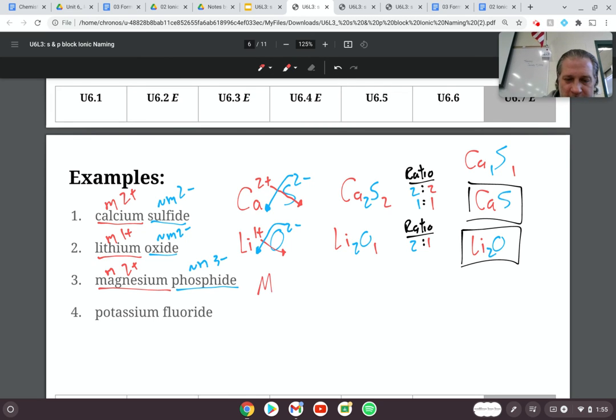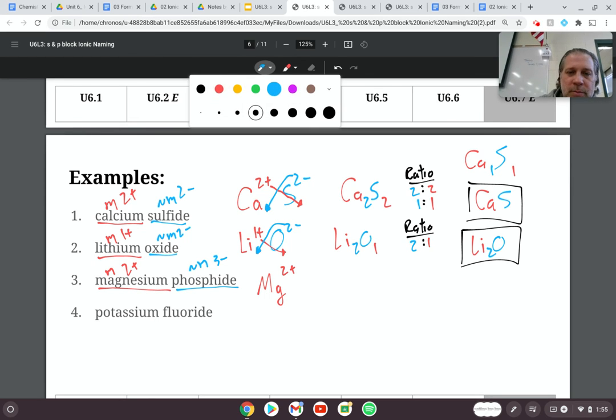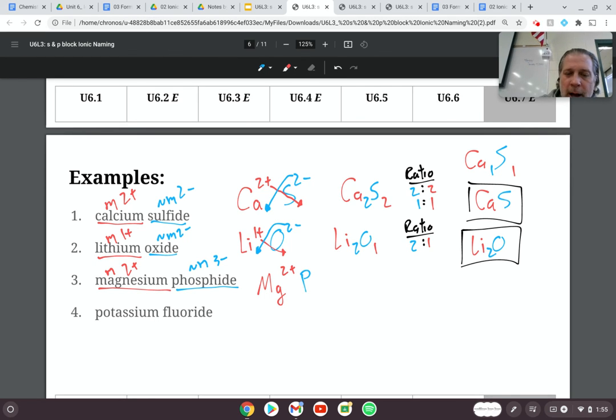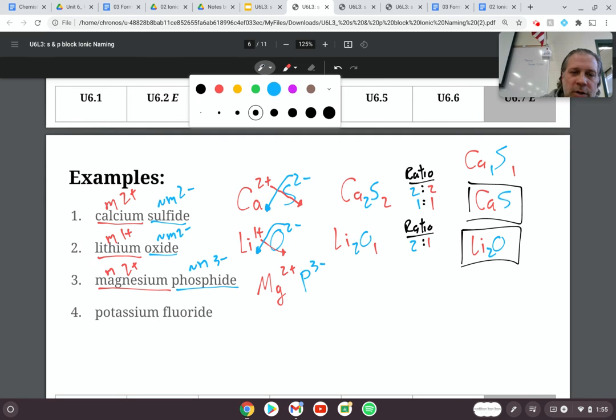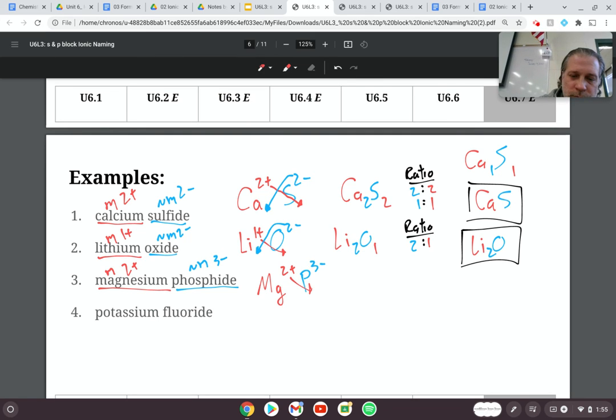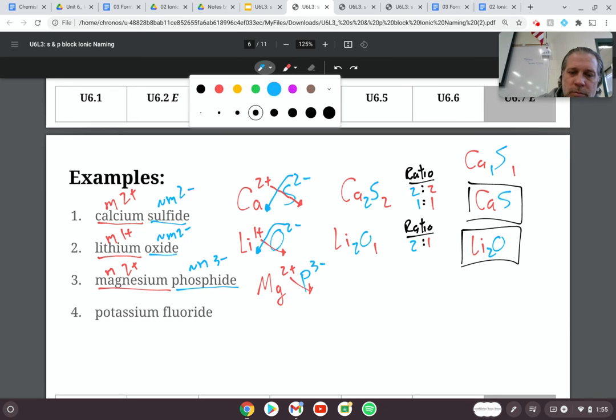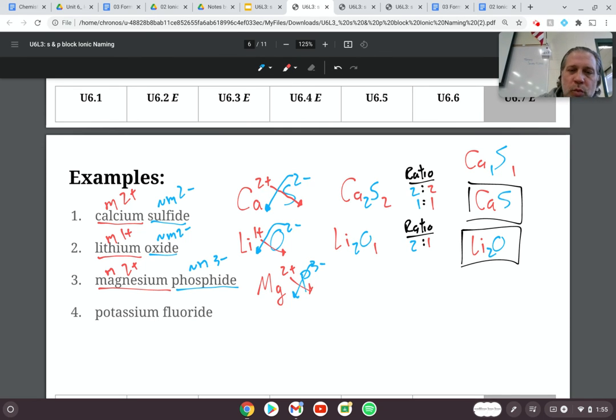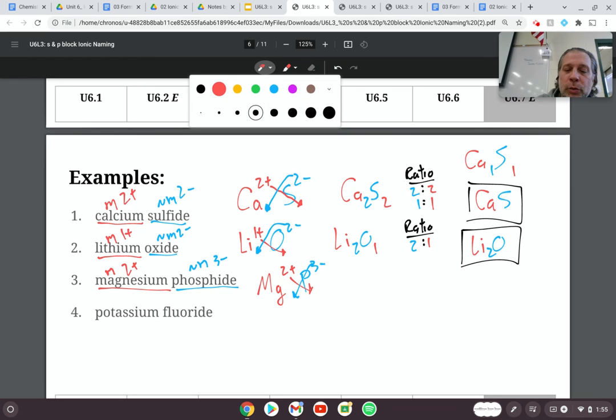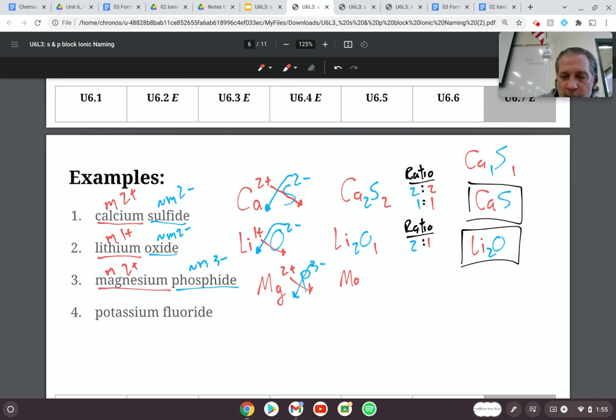So I found magnesium symbol, which is Mg, it's +2. Phosphide symbol, which is P, -3. We crisscross the charges down, and we rewrote the formula. So Mg3P2.